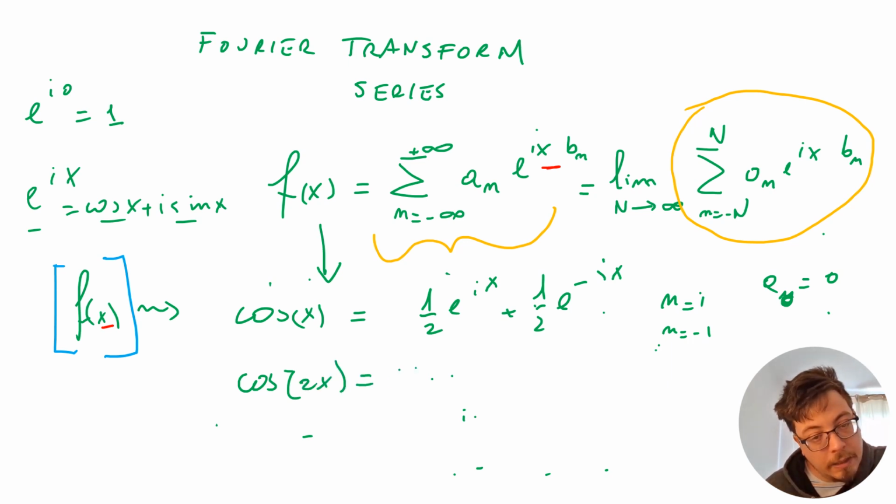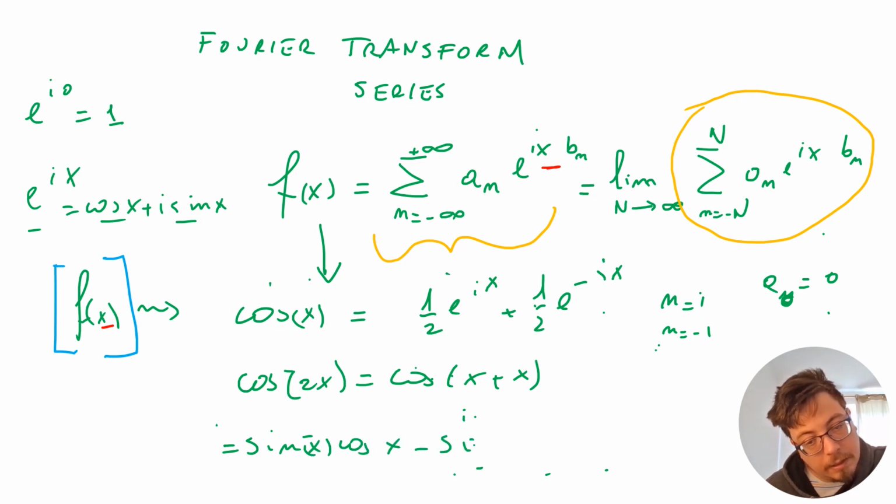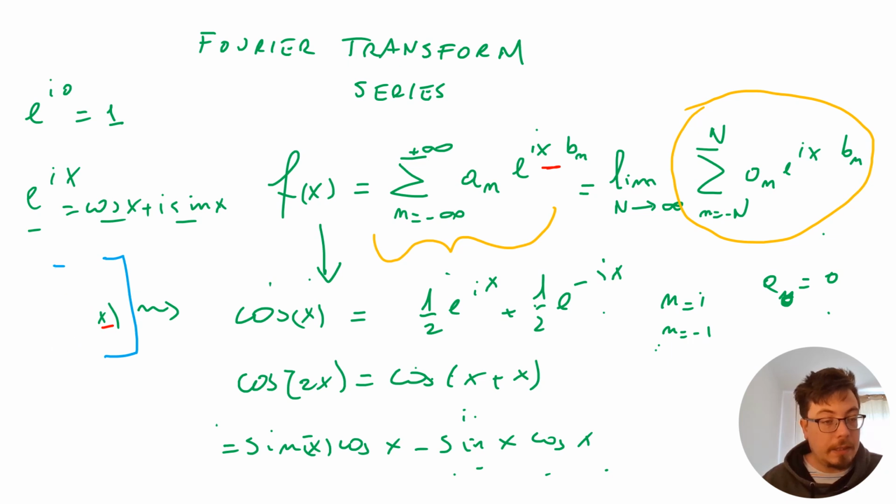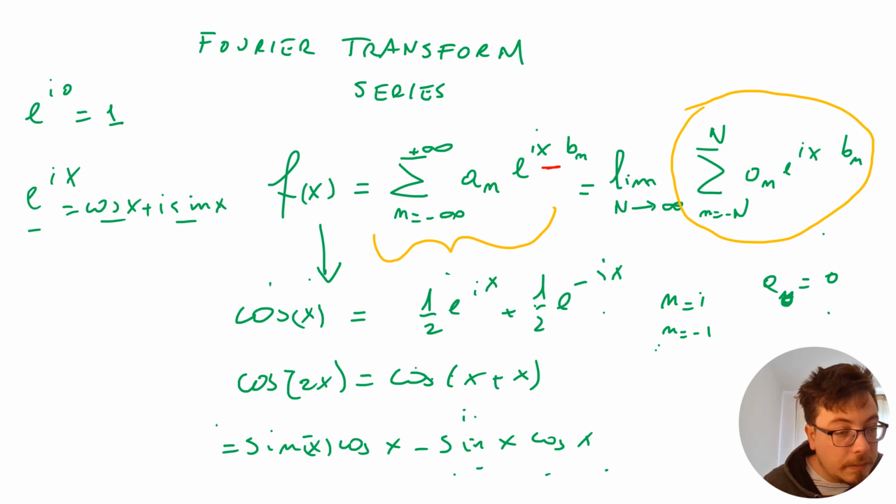Cosinus of 2x is cosinus of x plus x, which is cosinus of x cosinus of x minus sinus of x sinus of x. It's easy to see if I mess it up, because now we know that cosinus of x is this function here, but we also know, let me write it here, then I will stop and pause for the next video.